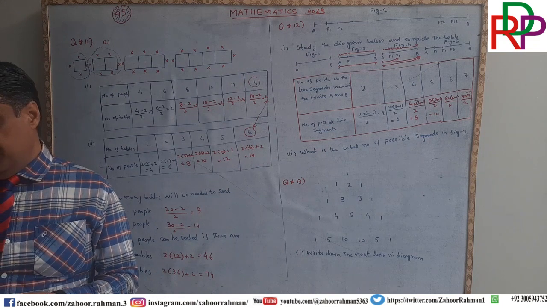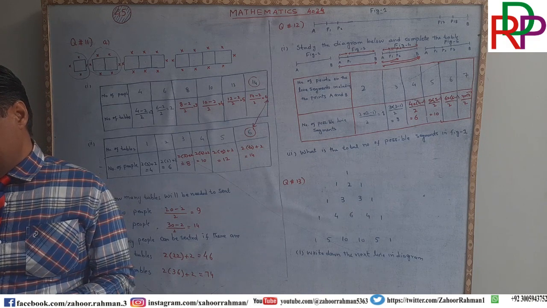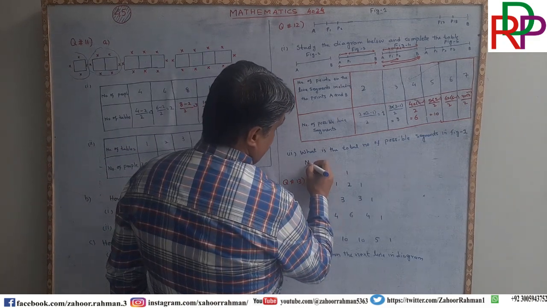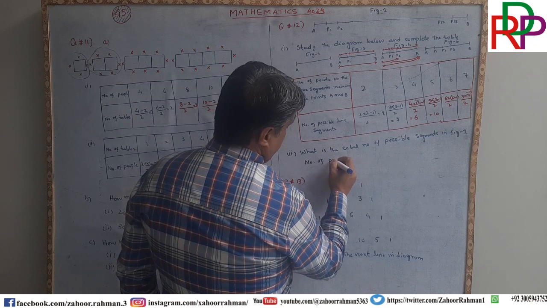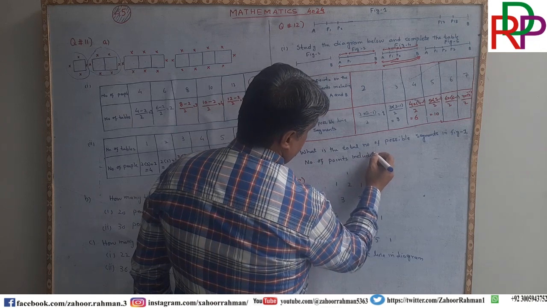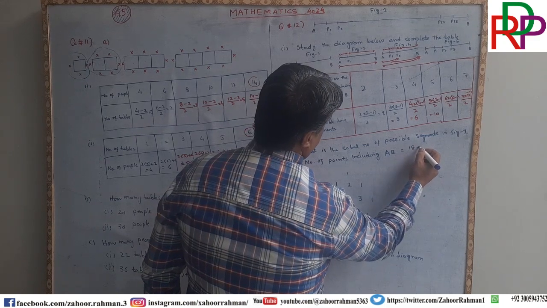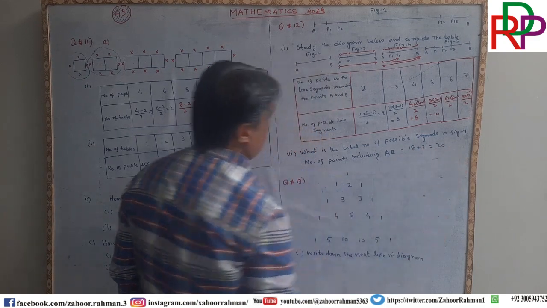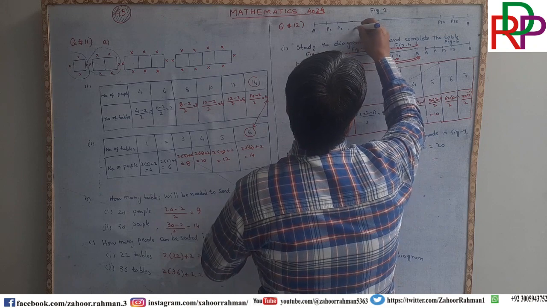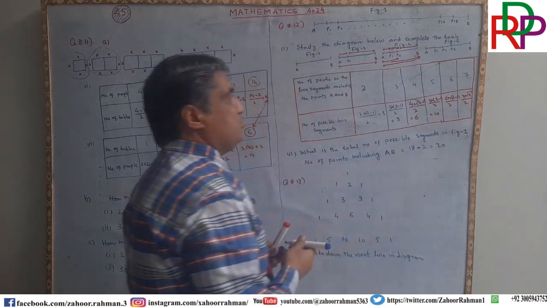So, we have to see the number of points including A and B. Number of points including A and B is equal to 18 plus 2, which is equal to 20. 18 are the points, P1, P2, P3, P4 up to P18, but A and B are also points there.